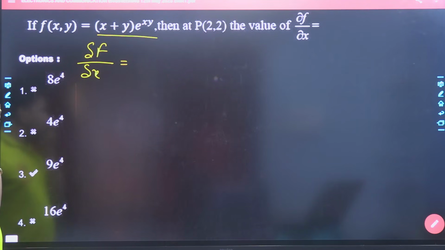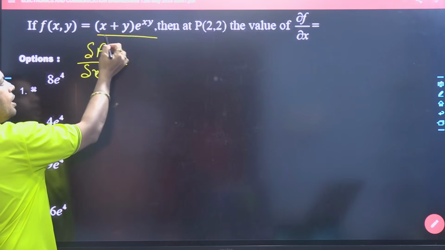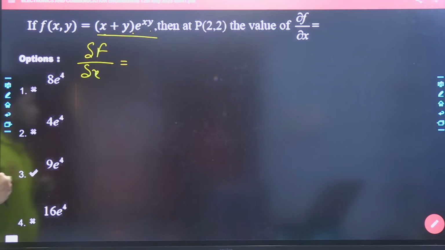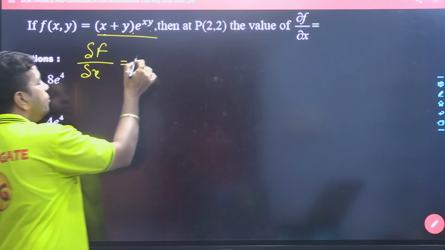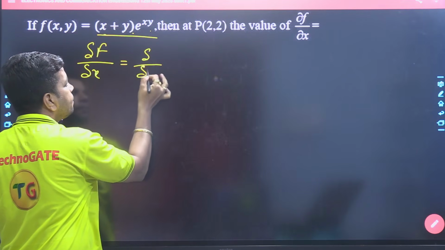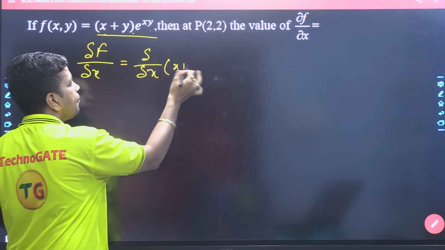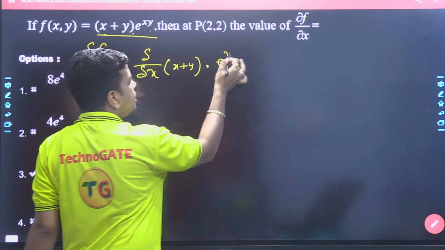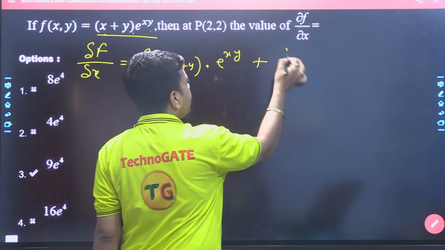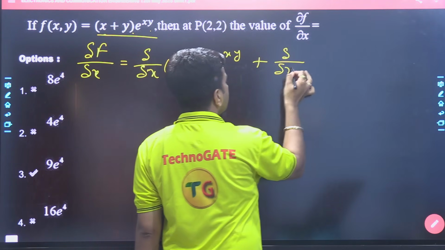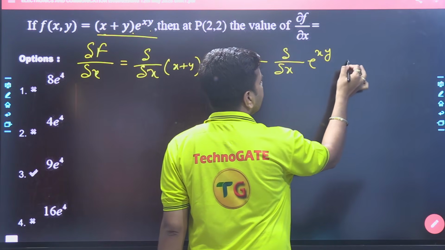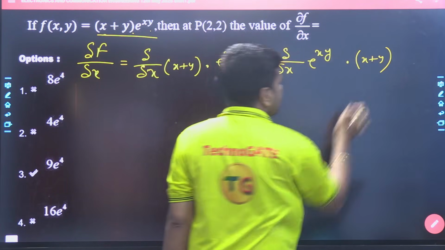So simply we can apply the product rule: first term dot second term. First of all we need to do the differentiation of the first term, then the second term as it is. Then we need to do the differentiation of the second term, the first term as it is.